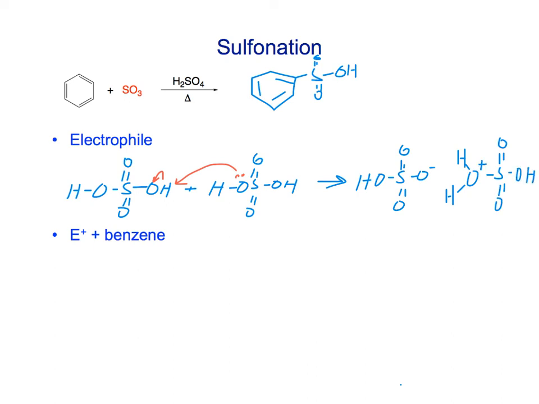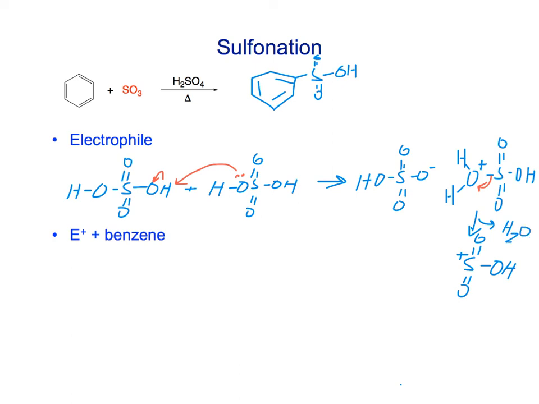So like we did before, we've now added this water molecule on the side, and it acts as a leaving group. So this comes off, gives us a water and this species right here, which is our electrophile. Now let's just put a water over here.